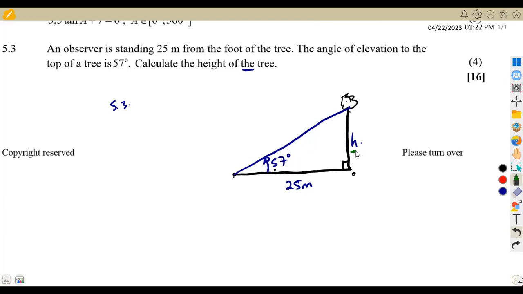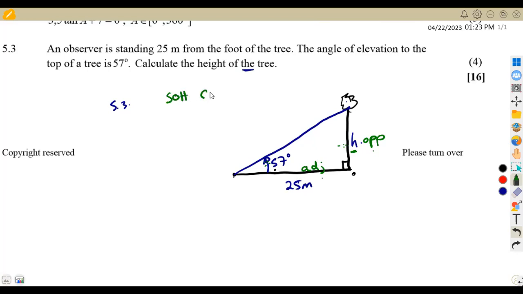This h that we are supposed to calculate is opposite to 57 degrees. So you take it according to the angle. So this is opposite, and the 25 meters is our adjacent. So which ratio are we going to use that has opposite and adjacent at the same time?